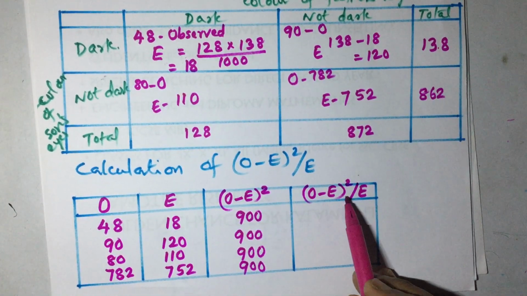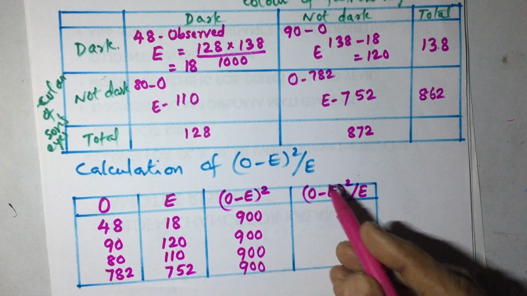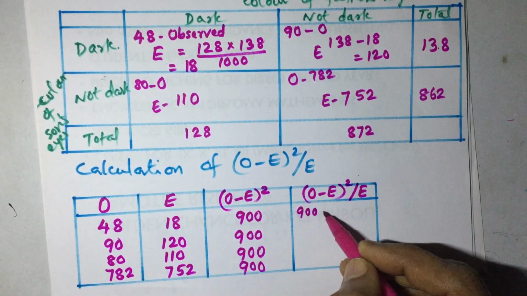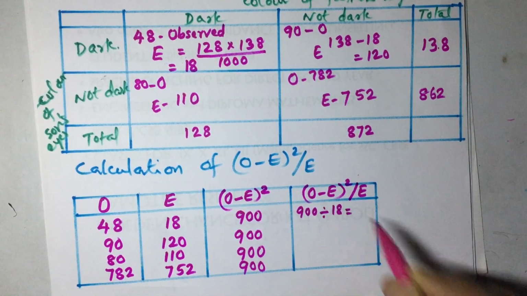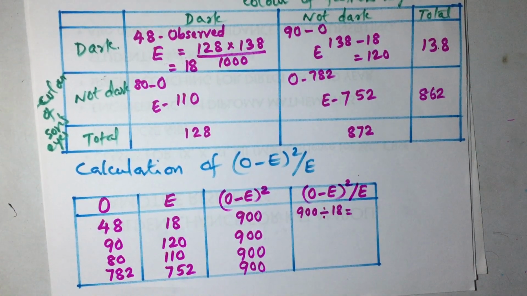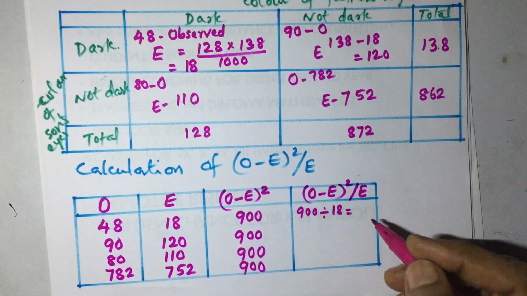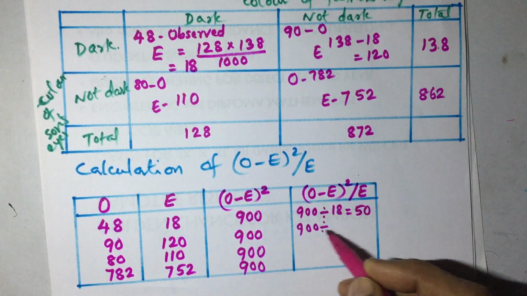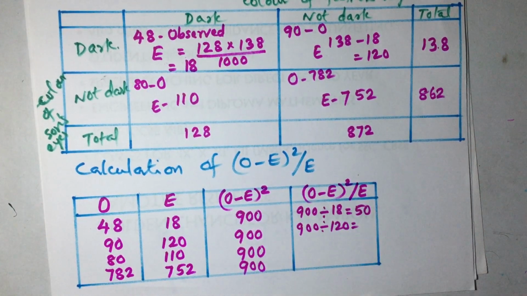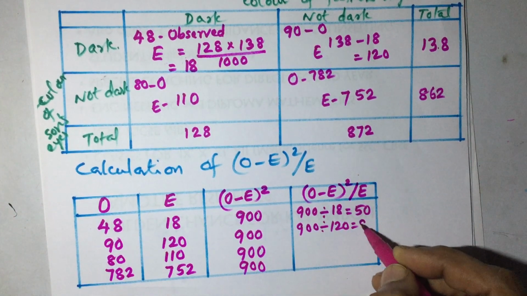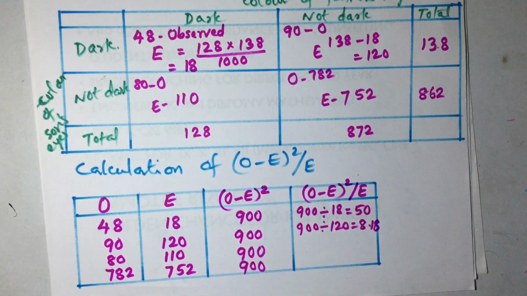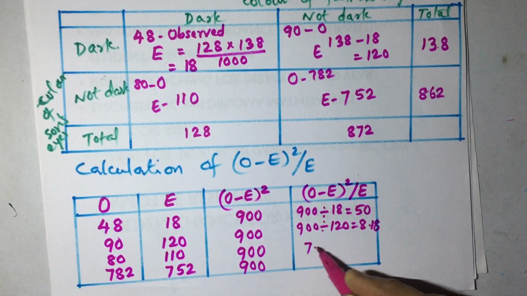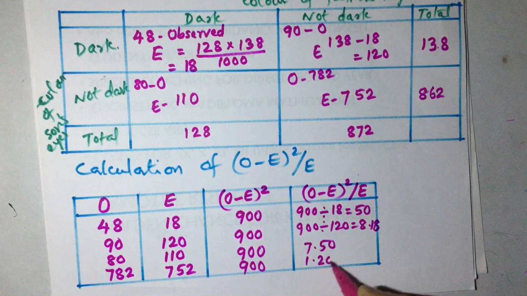Now O minus E the whole square divided by the corresponding E: 900 divided by 18. So 900 divided by 18 is 50. Here 900 divided by 120 is equal to 8.18. In the same way, these two values you will also get as 7.50 and 1.2.